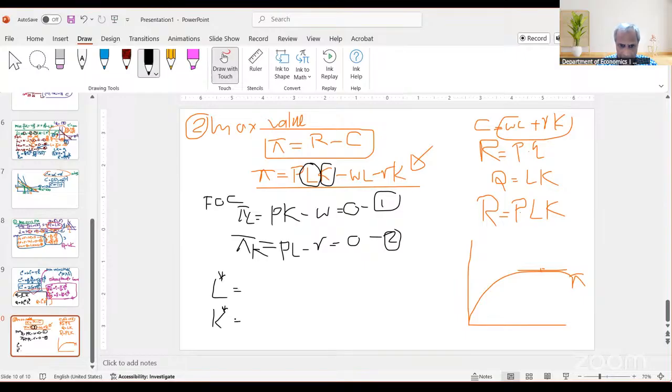So basically we call these input demand functions, the labor demand function and the capital demand function. The answer you get here: L star is R over P.